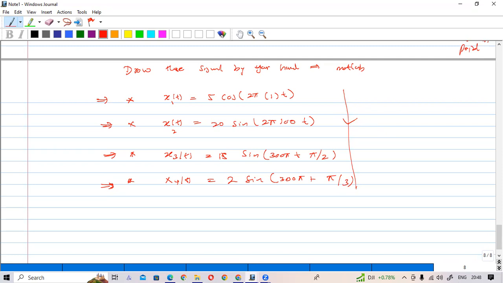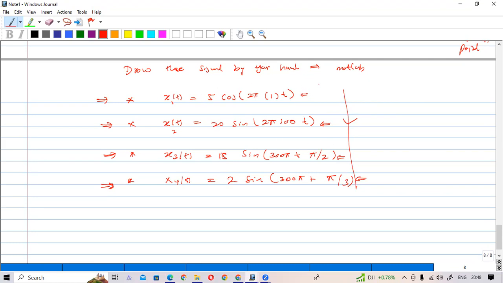Once you come to the next lecture, you can bring these signals. Draw them and bring them. Then we will learn how to sample them. Before sampling, definitely you should be able to draw a signal.